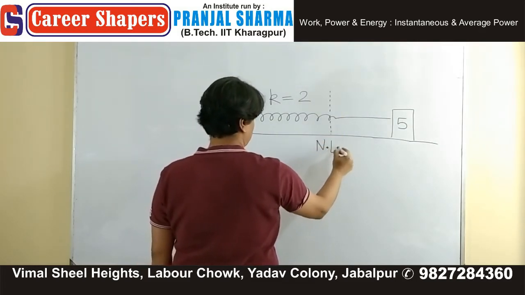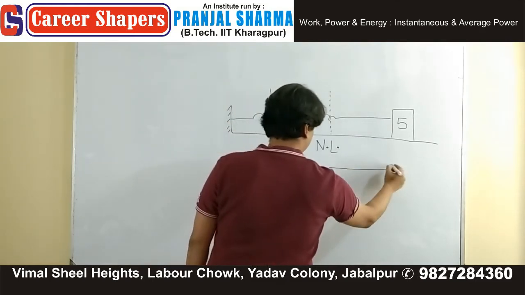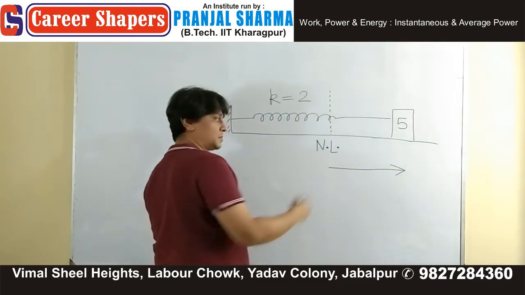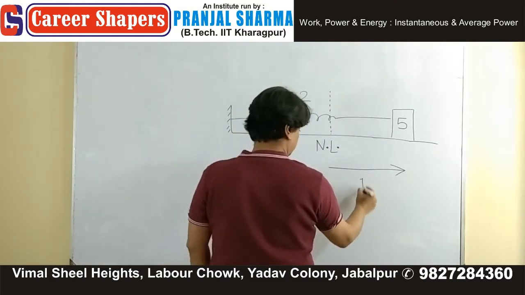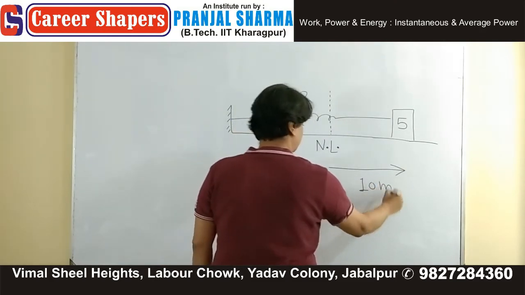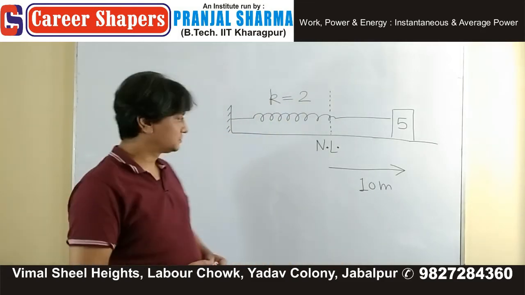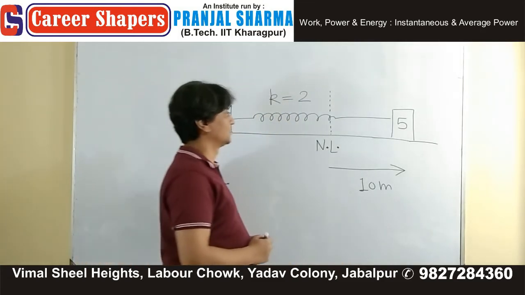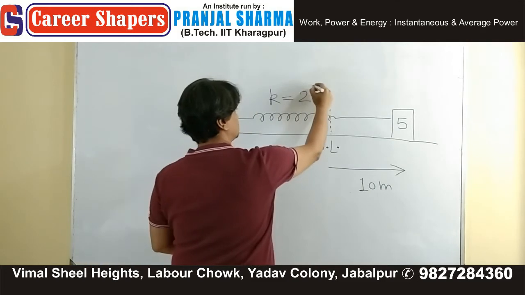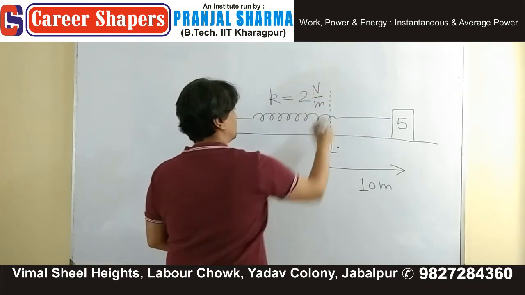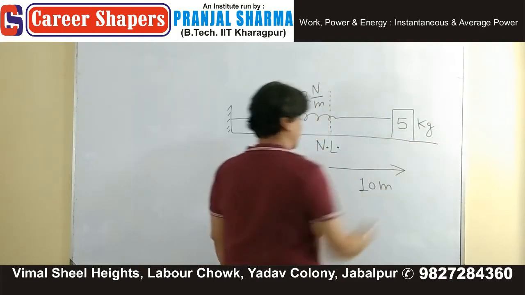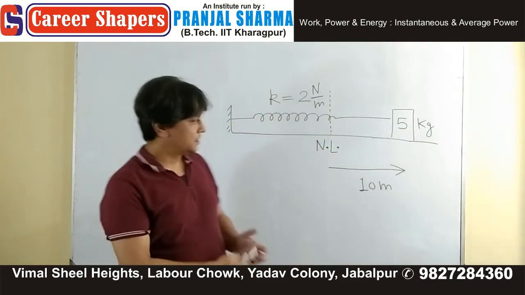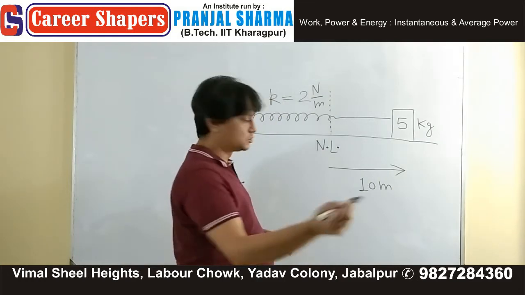So we have to stretch the block by a distance of, let's say, 10 meters. K is 2 Newton per meter, mass of block is 5 kg, and there is no friction.